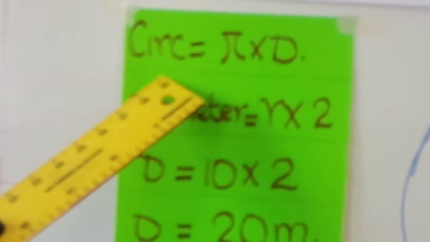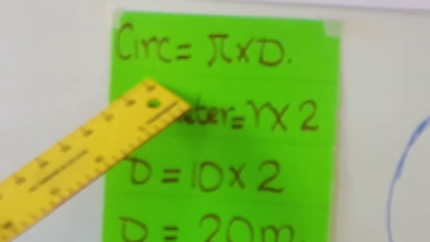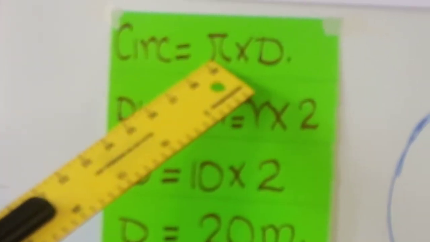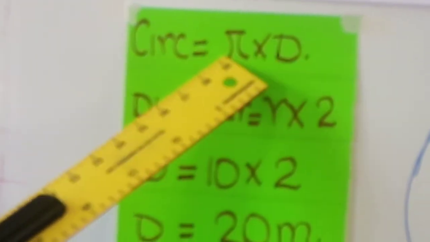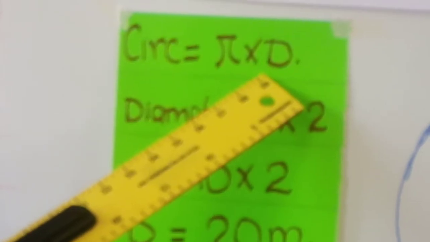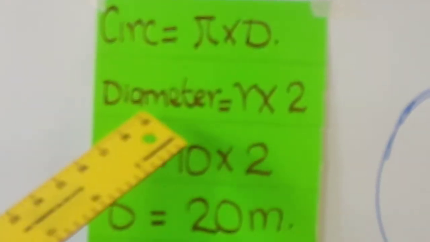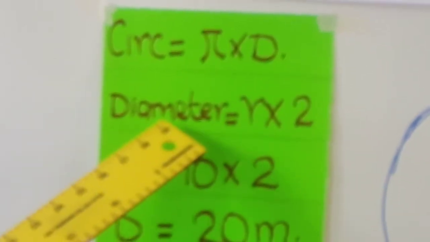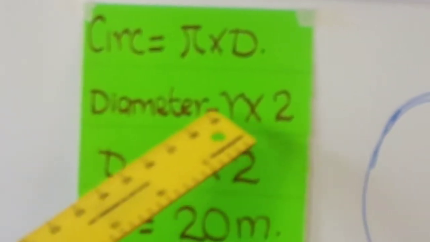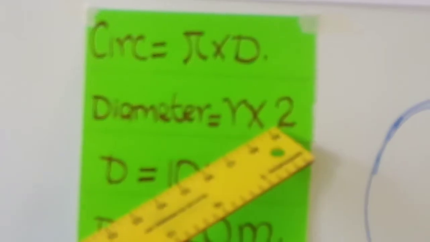But the formula that we learned is that the circumference of a circle is pi multiplied by diameter. And since we don't have the diameter, first of all, we'll find the diameter. Diameter is equal to radius multiplied by 2.